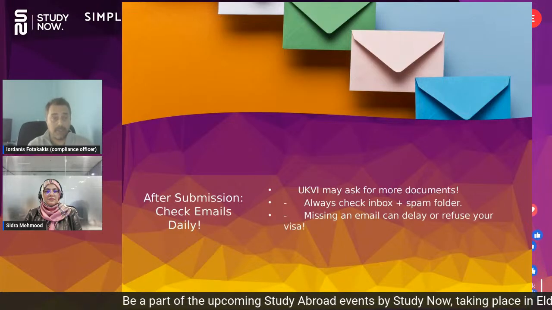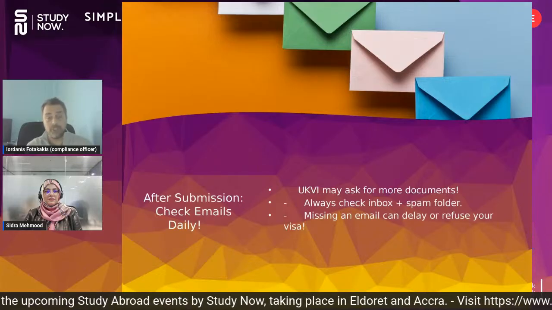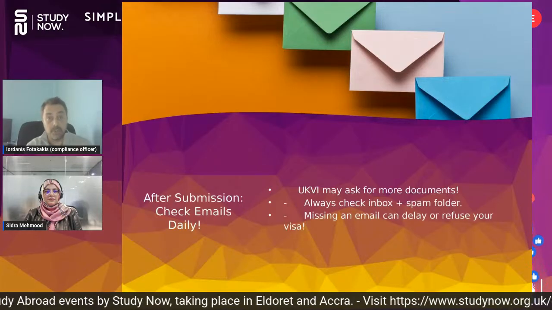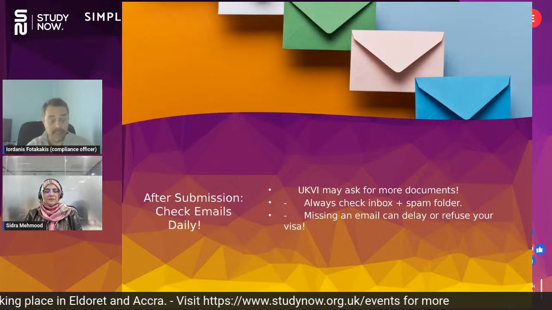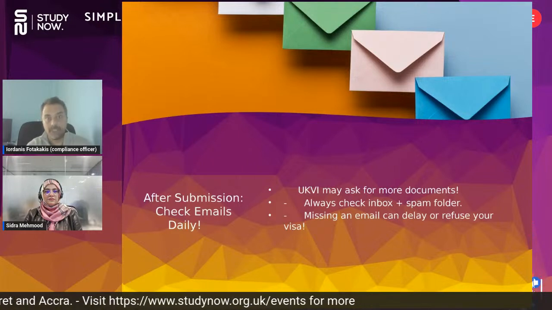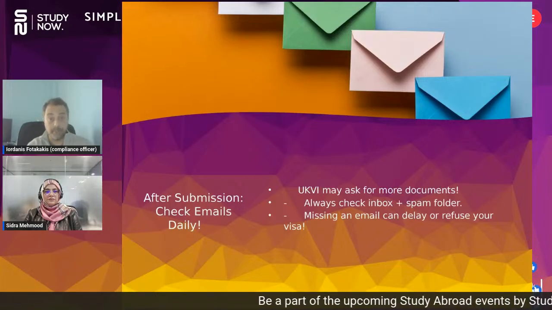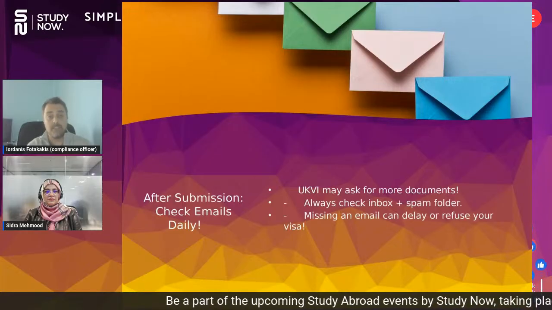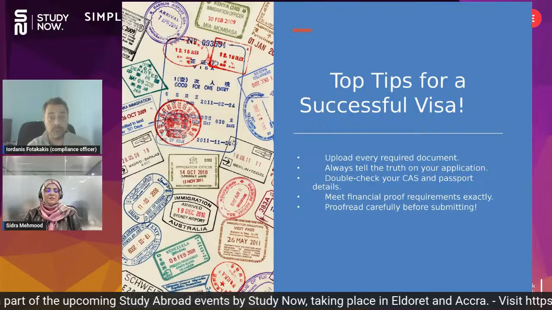Sometimes UKVI emails end up in your spam folder, and there is an issue because they usually ask you to reply back within 10 working days. So in case they don't receive any reply from your side, automatically it's going to be a visa rejection from the officer. So pay big attention to your spam mails and email box daily after you submit your visa application.